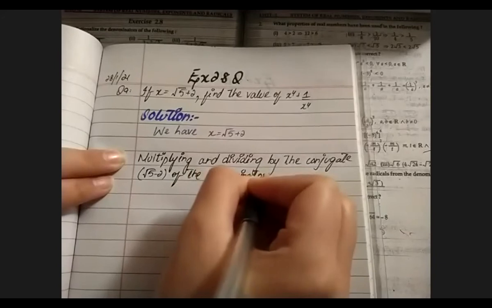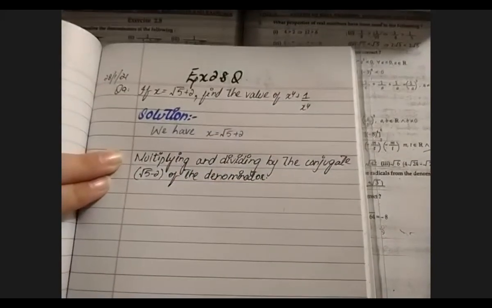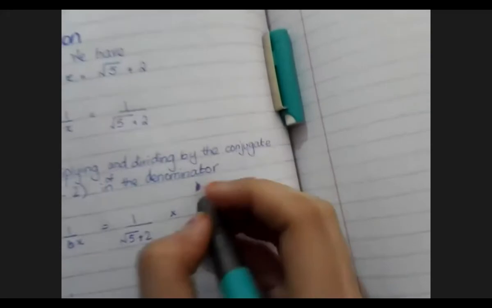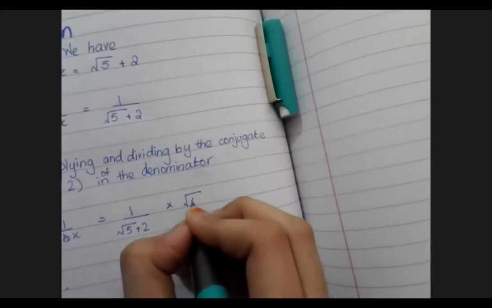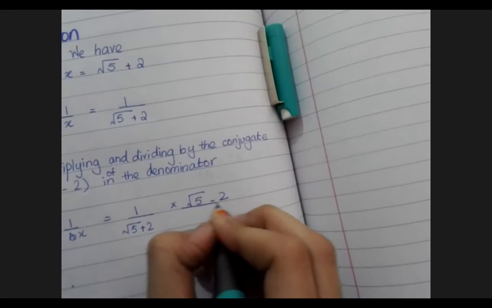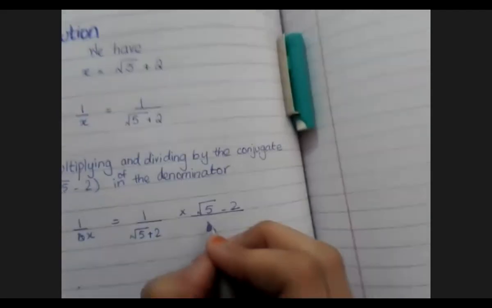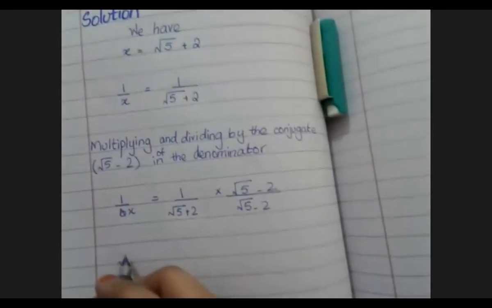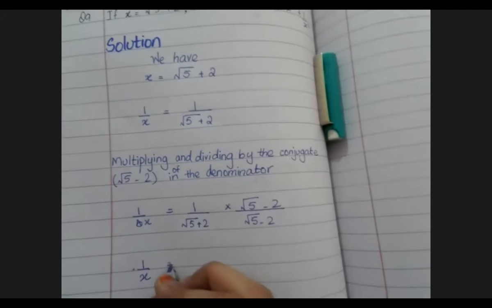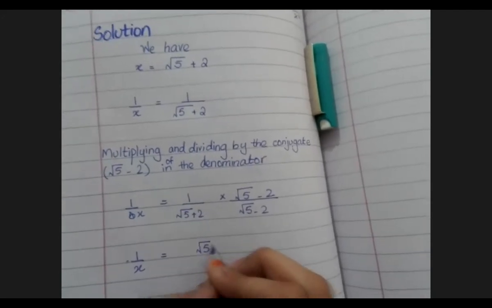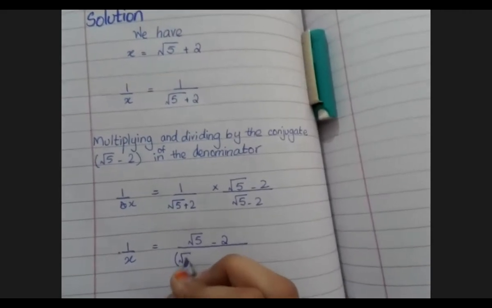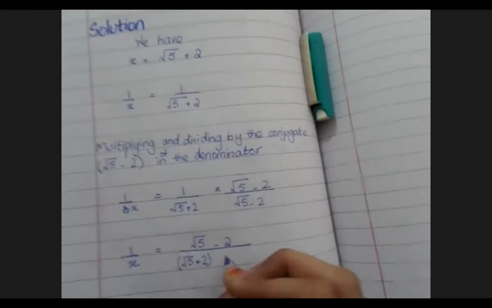Zimel, one step is missing here. Look at Ishal's work. Look here, Zimel. You have missed this one: 1 upon x is equal to 5 plus under root 2. Very good.